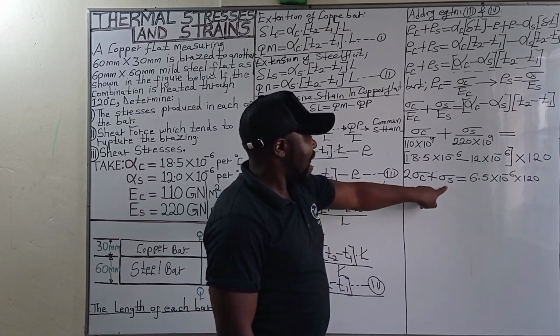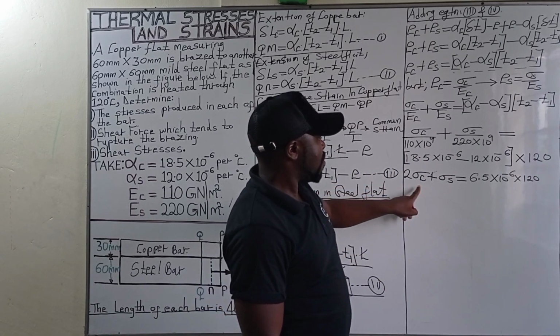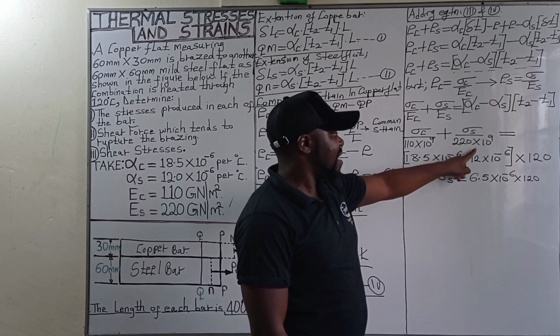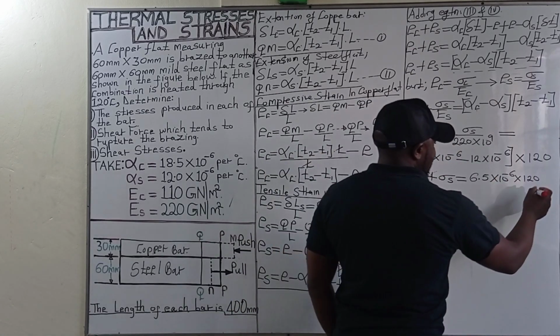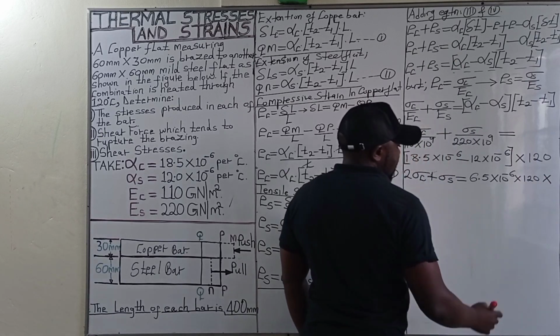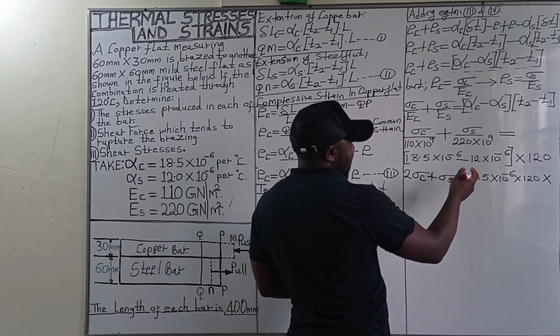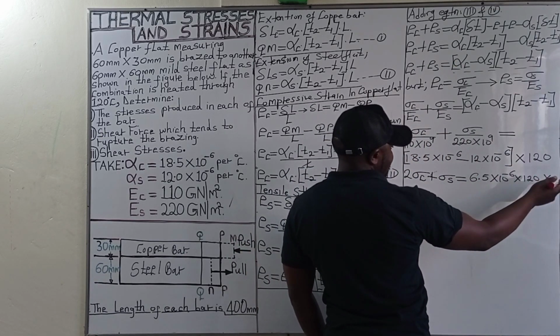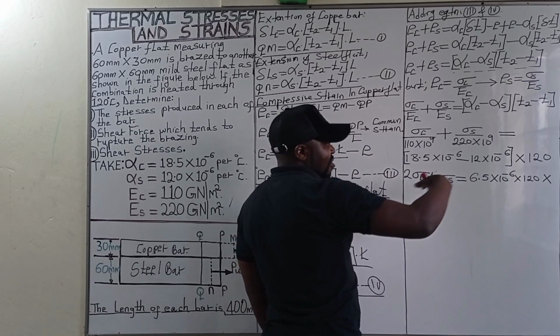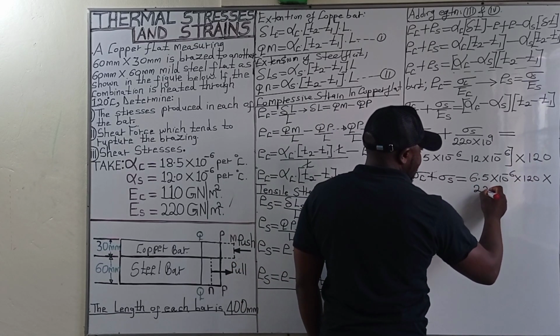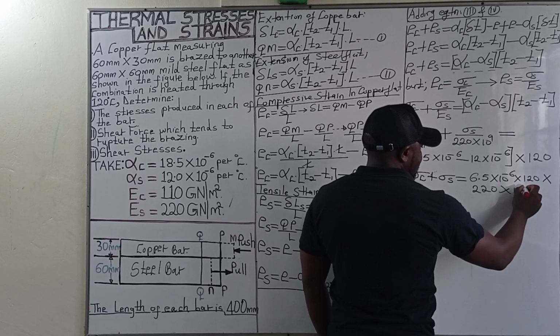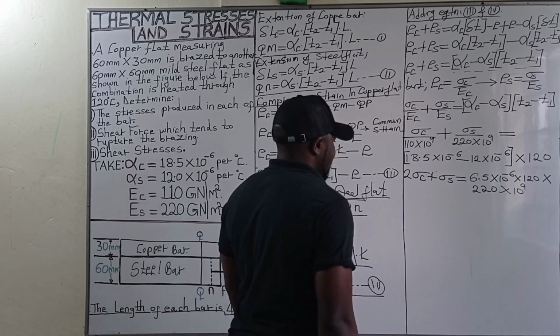Remember, we have an LCM which is 220 times 10 raised to the power of 9. So we are going to multiply this, that is both sides, by that LCM. So on this side, it is going to cancel out. On this side, we are going to have 220 times 10 raised to the power of 9.